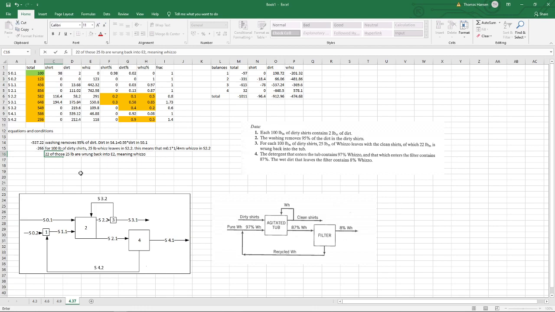The amount of Wizzo in 3,2 is equal to 22/25 of the Wizzo in 2,2. Right?